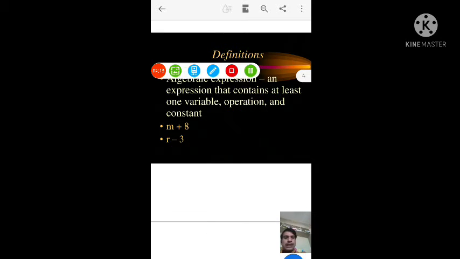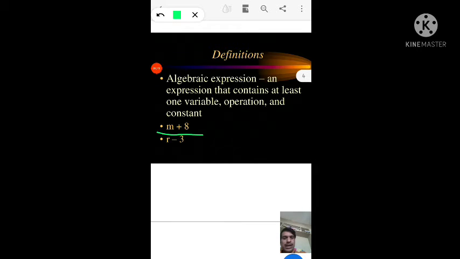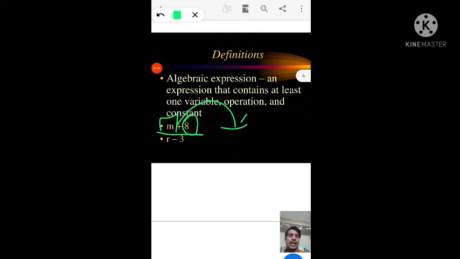So in this first example, if you observe clearly, m is a variable, 8 is a constant and plus is an operator. So this is satisfying the given definition, so this m plus 8 is an expression. And in the second case, r minus 3, in this particular expression also we are having a variable and a constant.